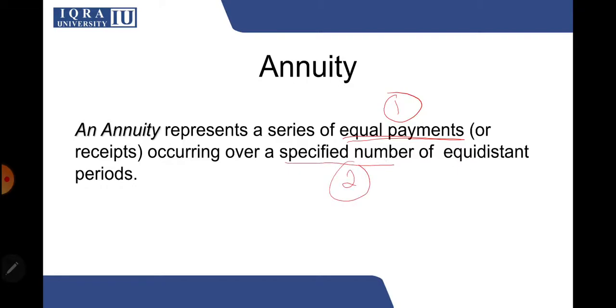of equidistant periods. So, in order for any cash flow to be an annuity, there should be 3 characteristics in that cash flow. Number 1 is that the payment should be equal. So, if it is 1000 in one year, it has to be 1000 in all of the other years as well.